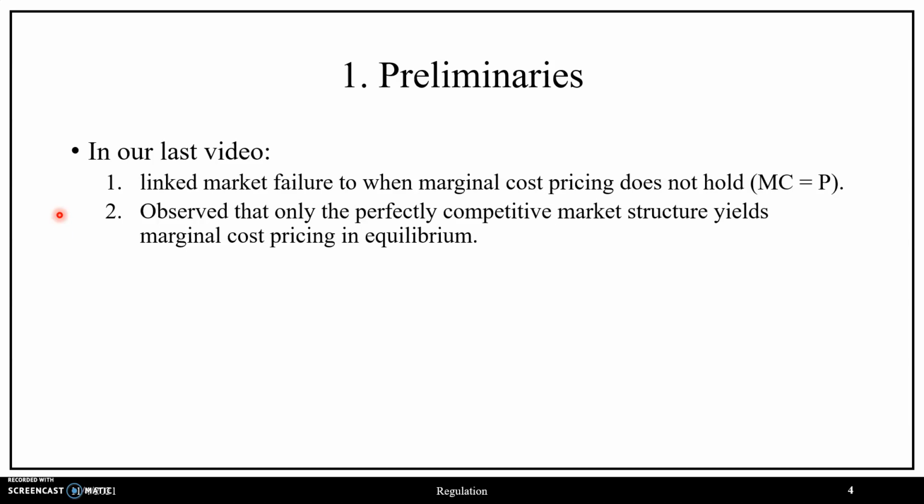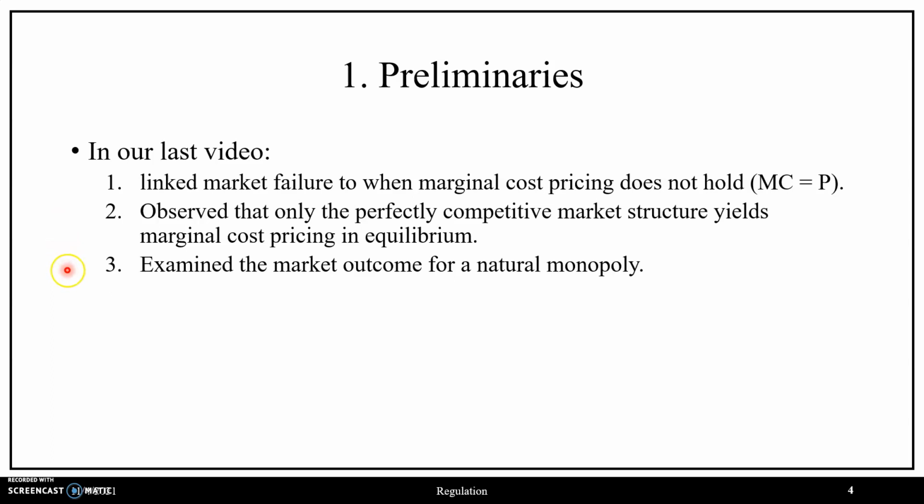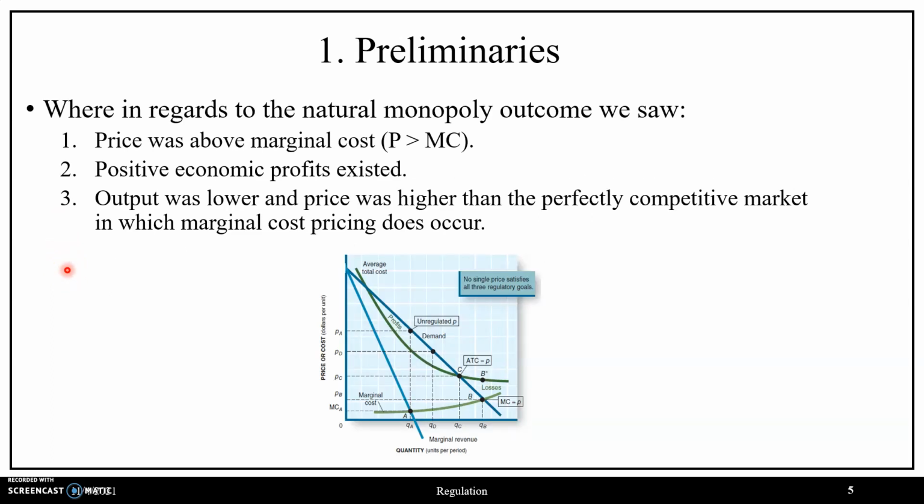And third, we examined the market outcome for a natural monopoly, where we saw that marginal cost pricing did not hold in that we had price strictly above marginal cost, so the pricing signal was flawed for the natural monopolist case.